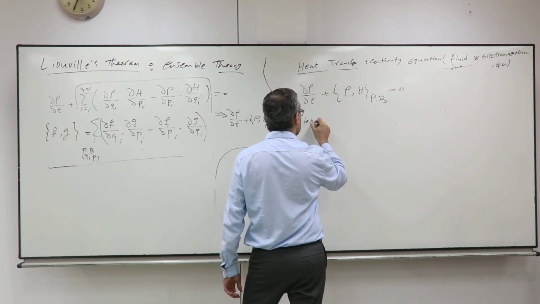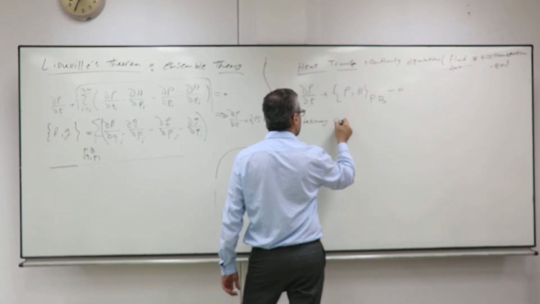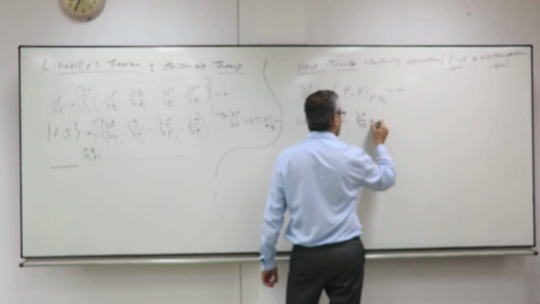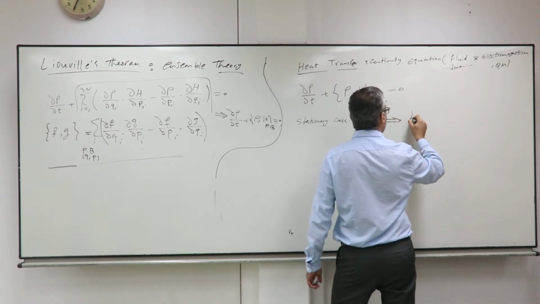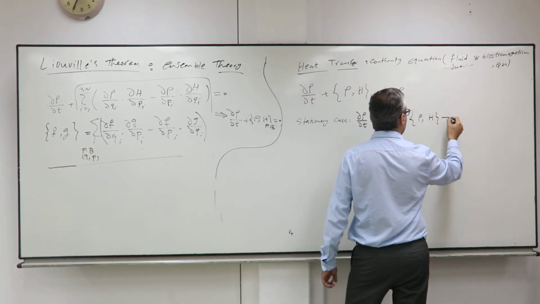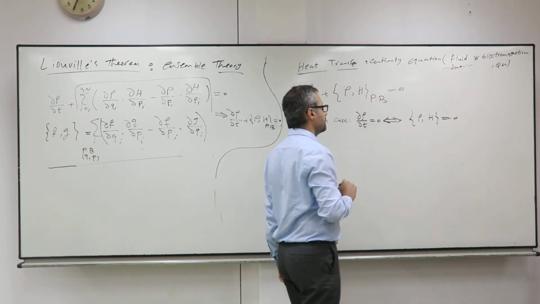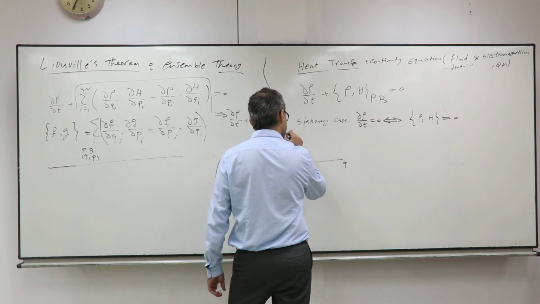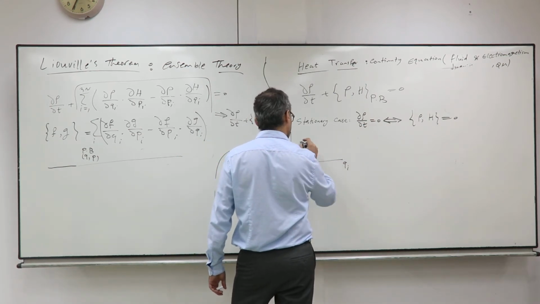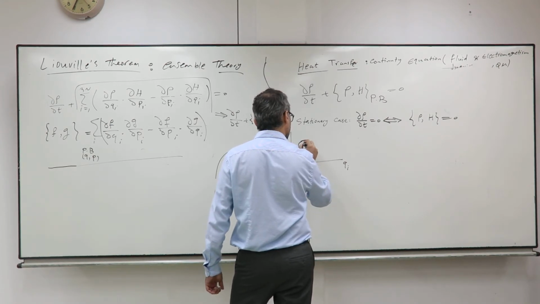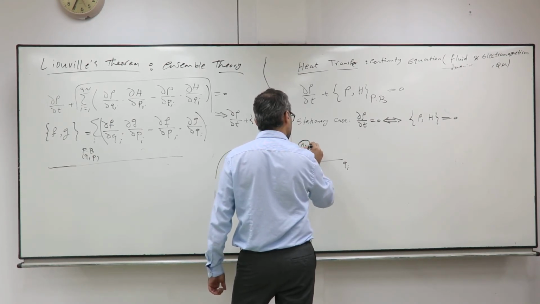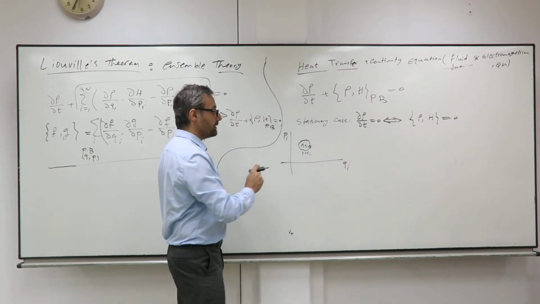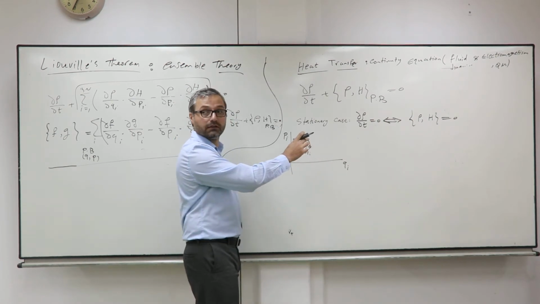We have a stationary case when this is zero. The stationary case is that if you have the phase space for one system, and this is the portrait of rho at some time t_i, the stationary portrait looks like this tumor.